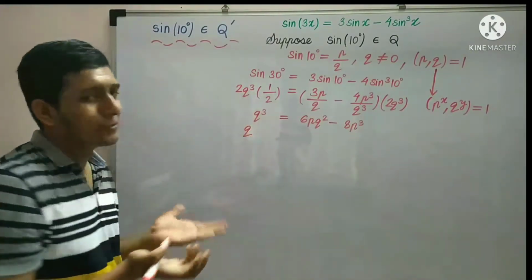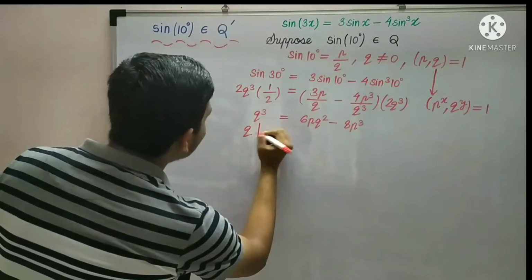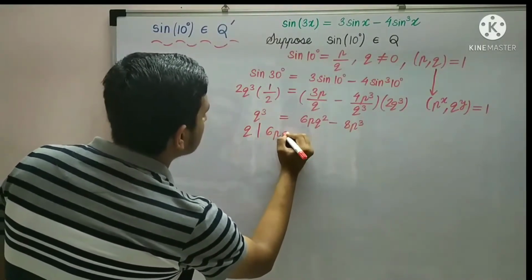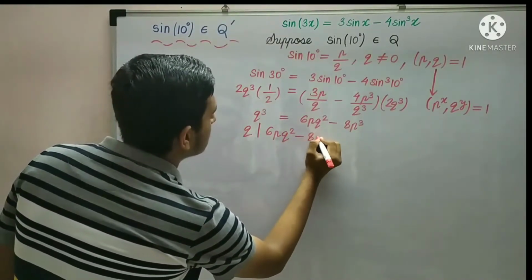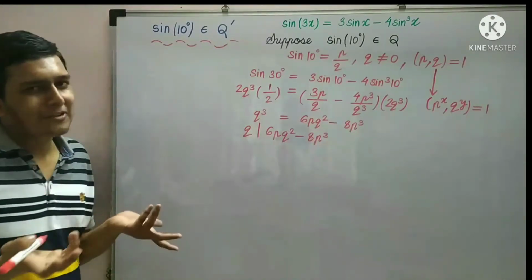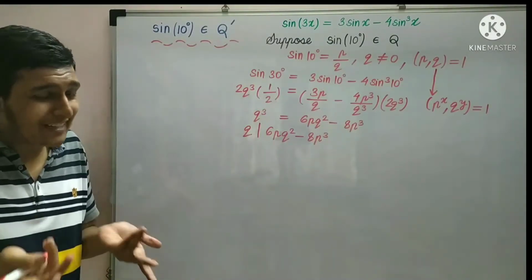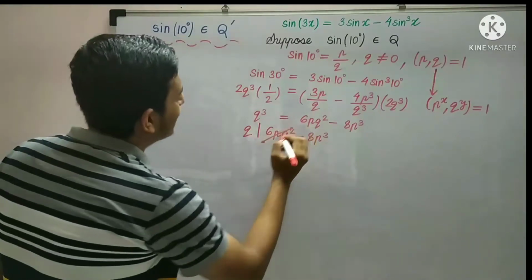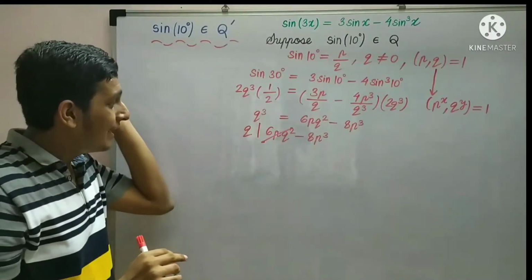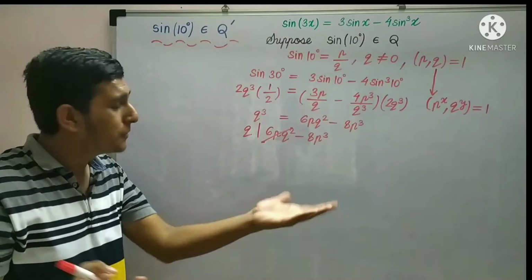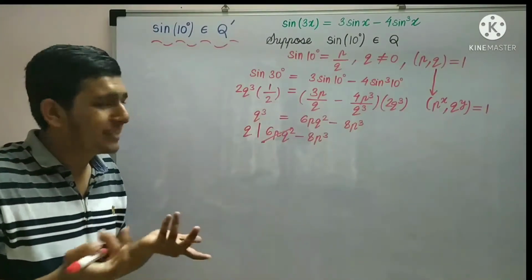Forcing the RHS to do the same, become an integral multiple of q. The first term says I have 2 factors of q in me. We simply strike it off, and minus 8p cubed must be a multiple of q is what we infer.